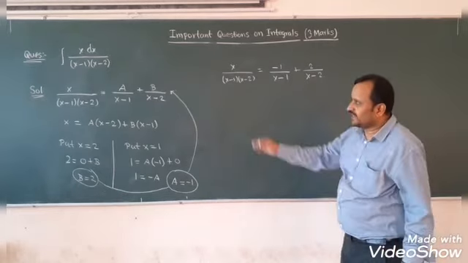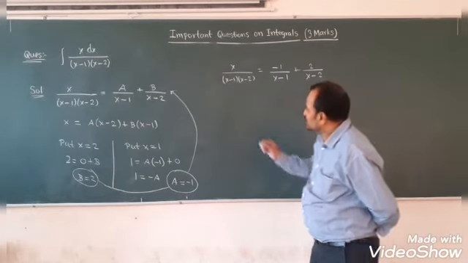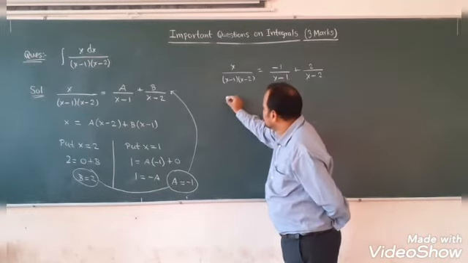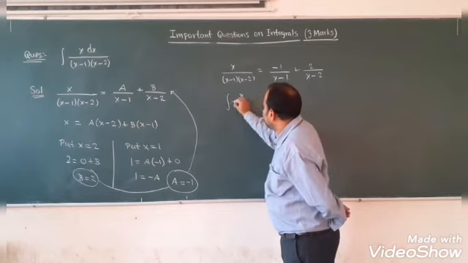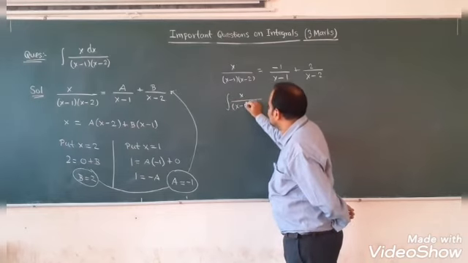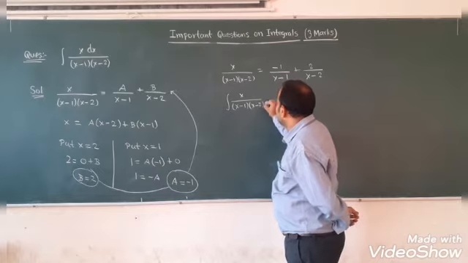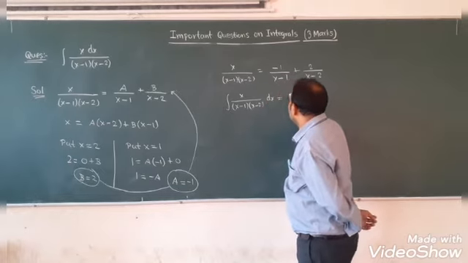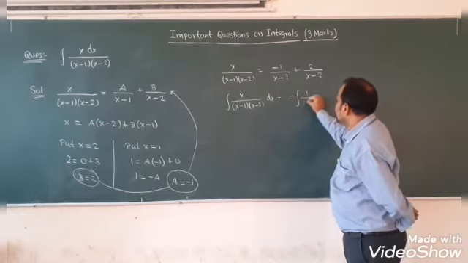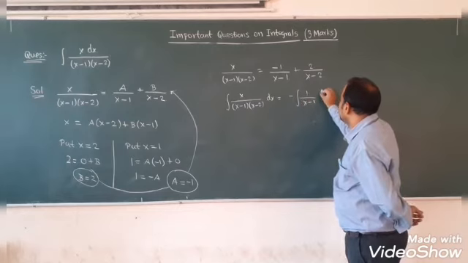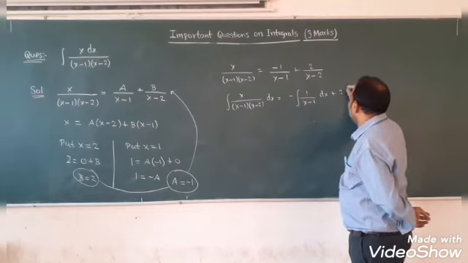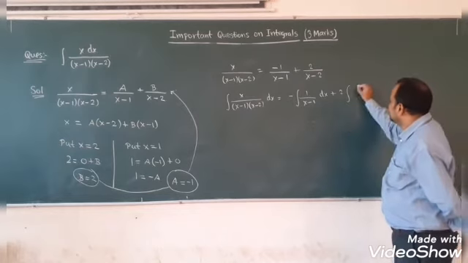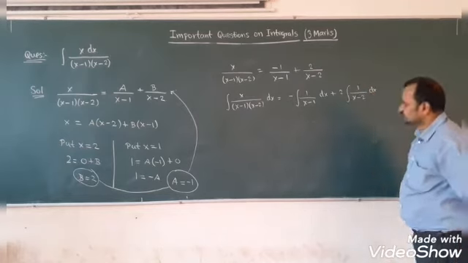Now we have to find the integral. So here I can say apply integration both sides. The integral of x divided by (x minus 1)(x minus 2) dx is equal to minus, 1 by x minus 1 dx, plus 2 will come outside, 1 by x minus 2 dx.